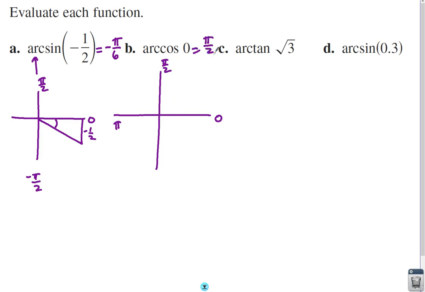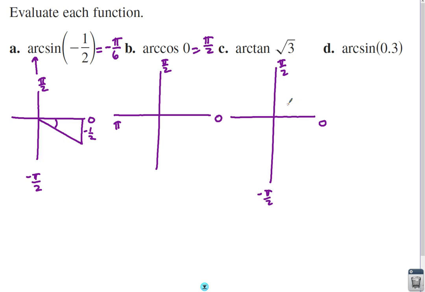Okay. Arc tangent of root 3. Now tangent's a little bit different because we have to think about the ratio for tangent, which is the y-coordinate of an angle over the x-coordinate of an angle, and that reduced to root 3. Okay, so on my unit circle, now remember again for tangent, I can only go from negative pi over 2 to positive pi over 2. So I have to go within either this quadrant or this quadrant.